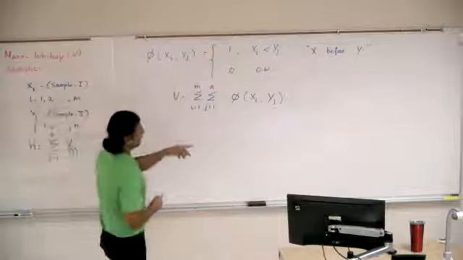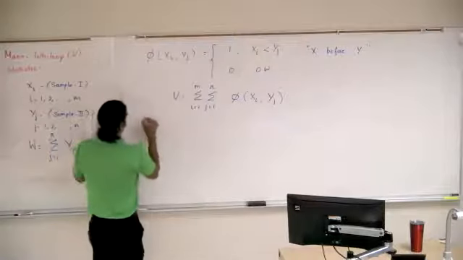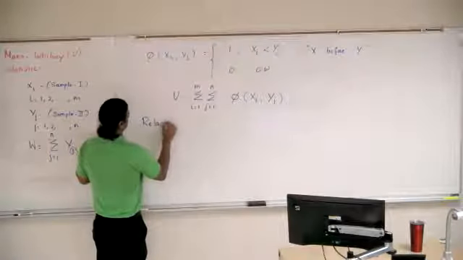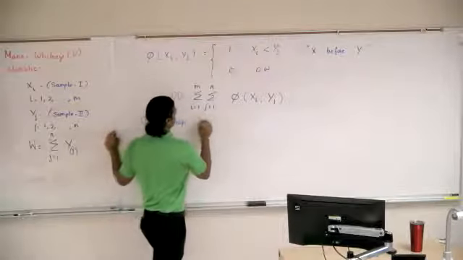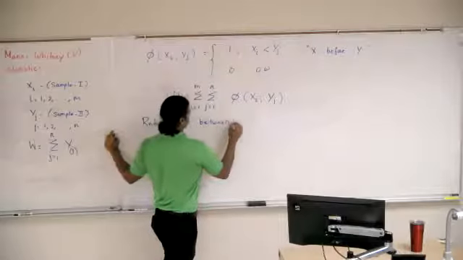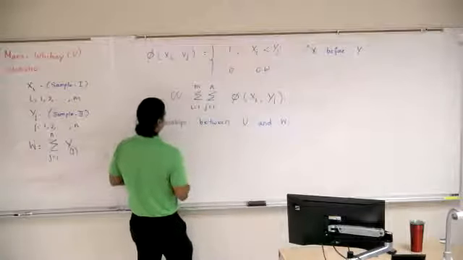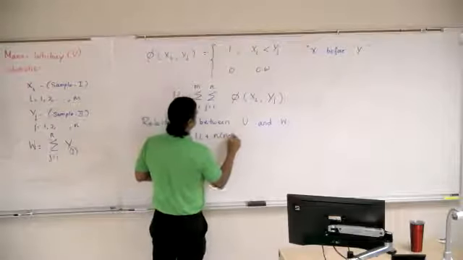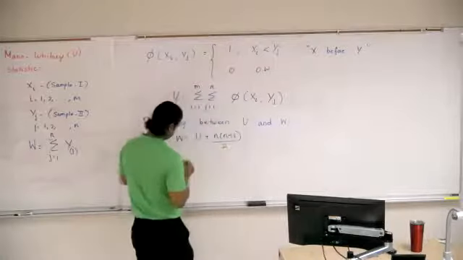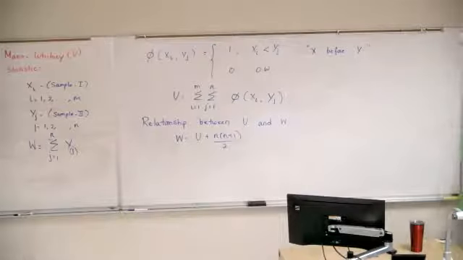So there is a relationship between U and W. W is simply U plus n times (n plus 1) over 2.